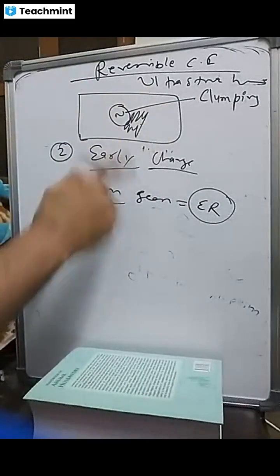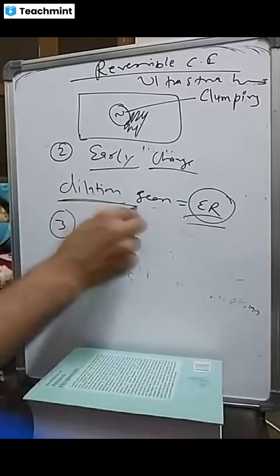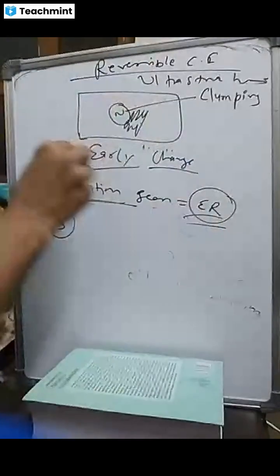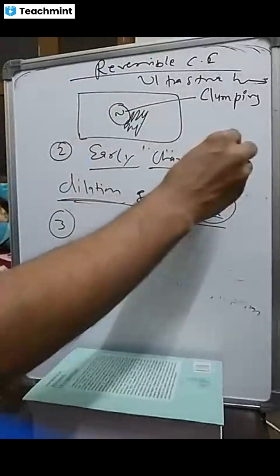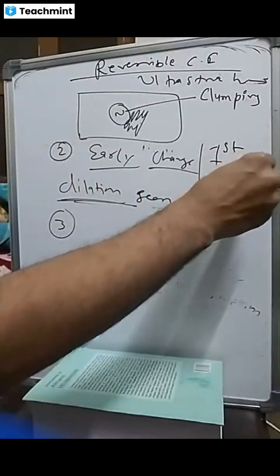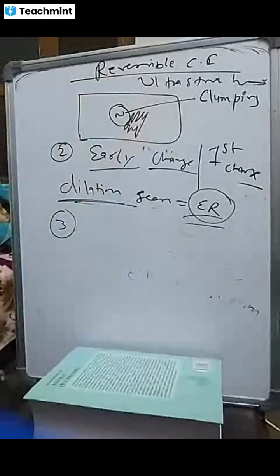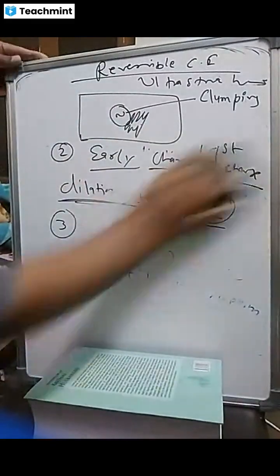First change, at the level of organelles, is dilatation of the endoplasmic reticulum, which is the early change, the first change seen with the electron microscope.